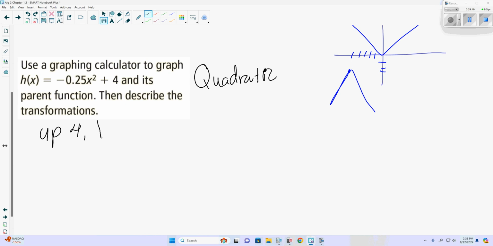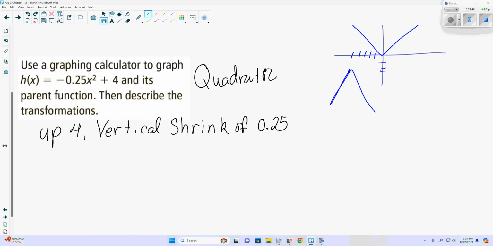So the 0.25 is between 0 and 1, so it is a vertical shrink of 0.25. The negative is the reflection. So the negative is purely attached to the reflection. It has nothing to do with the stretch or shrink.